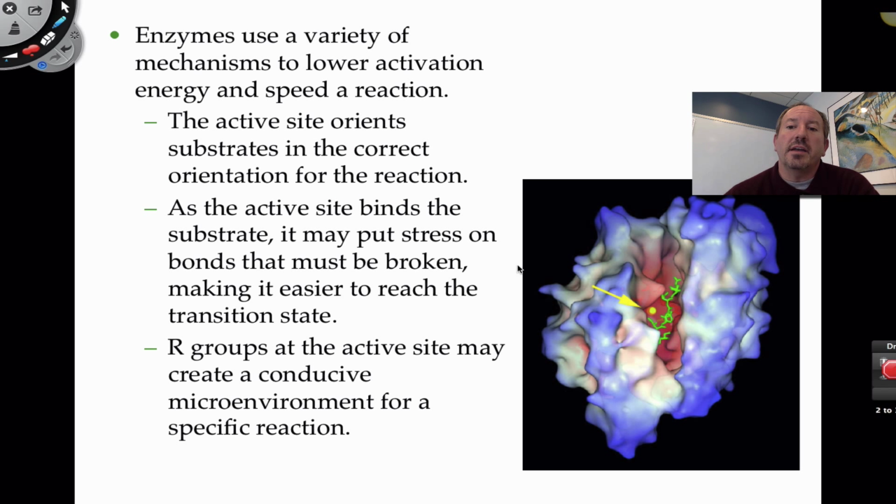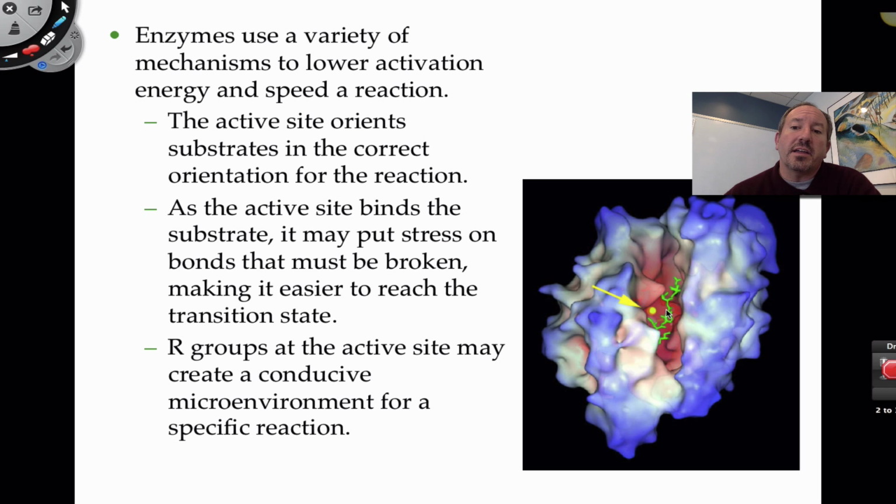We also think that the interaction between the R groups in the active site, in other words, hydrogen bonds or ionic bonds, interacting with the substrates puts a stress on the bonds and makes them easier to be broken and reach that transition state. So this induced fit is what we're kind of talking about right here as well. So orientation and induced fit.